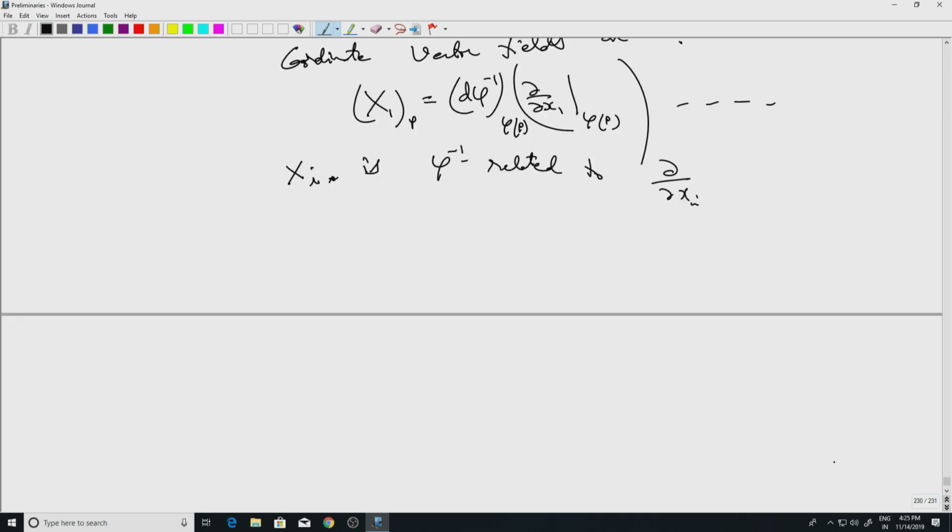Now let us see what the Lie bracket looks like in a coordinate chart.